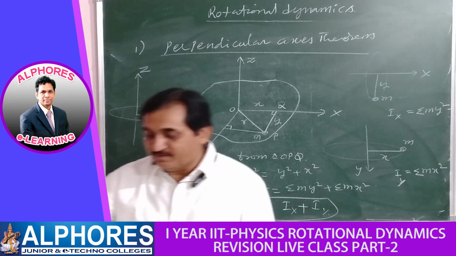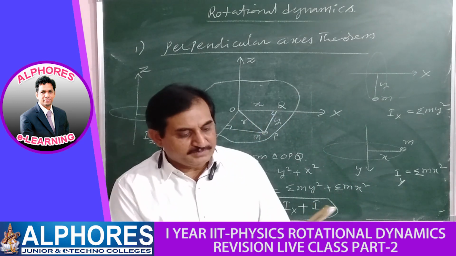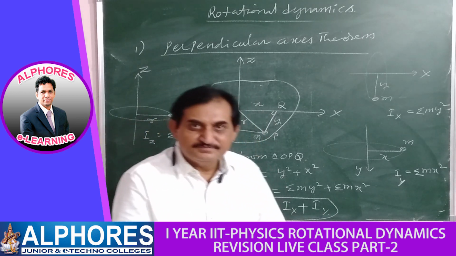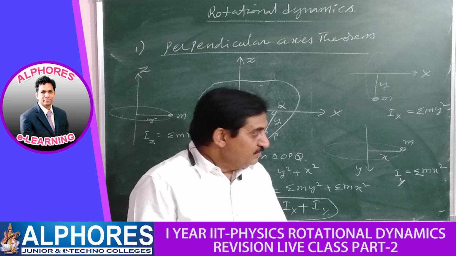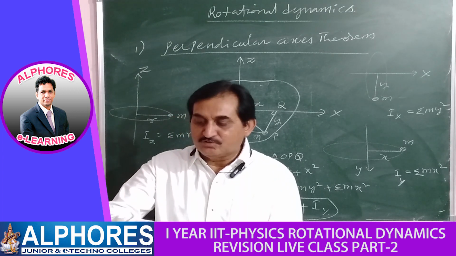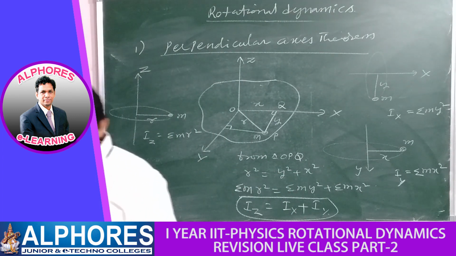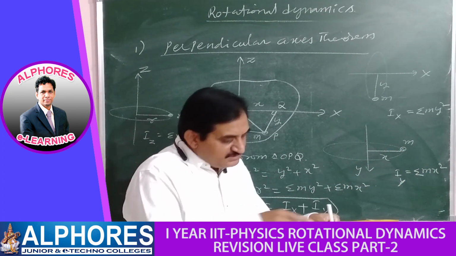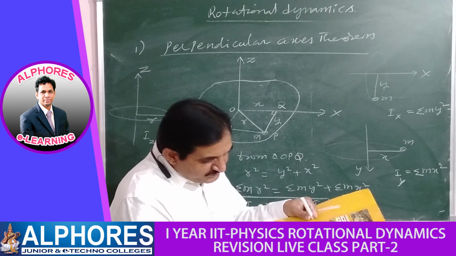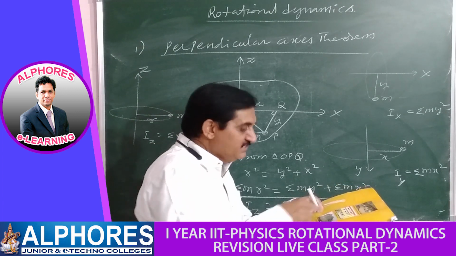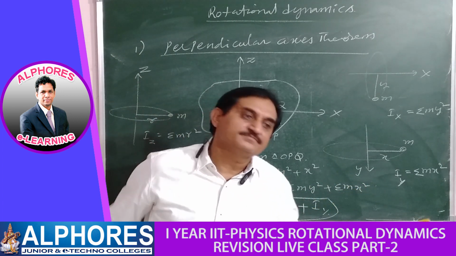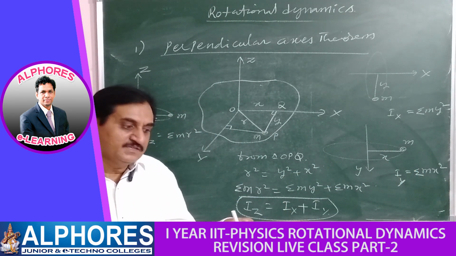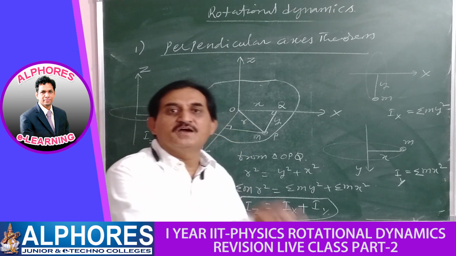I try my level best to make it easy to understand by taking this cardboard. This is a plane lamina. Now the z-axis is taken perpendicular to it. This is the z-axis. This is the x-axis in the plane of the lamina, this is the y-axis. The z-axis is perpendicular to the plane lamina, the x and y axes are in the plane of the lamina.